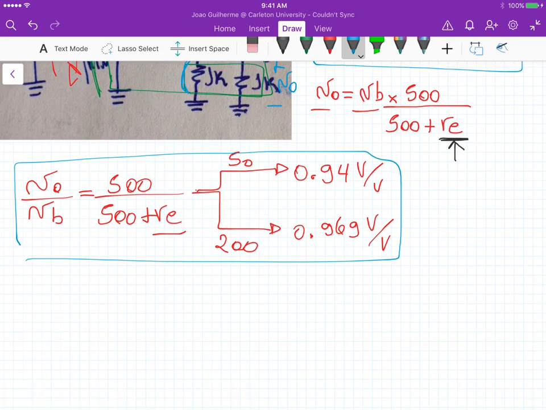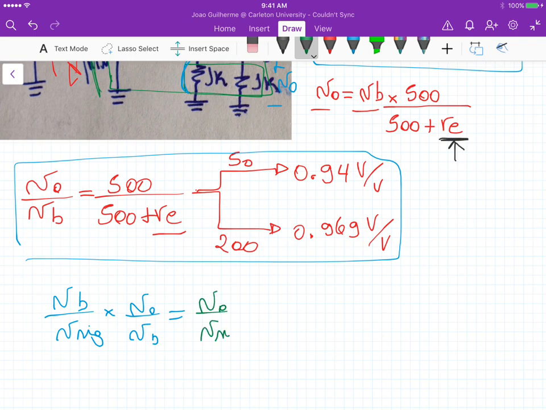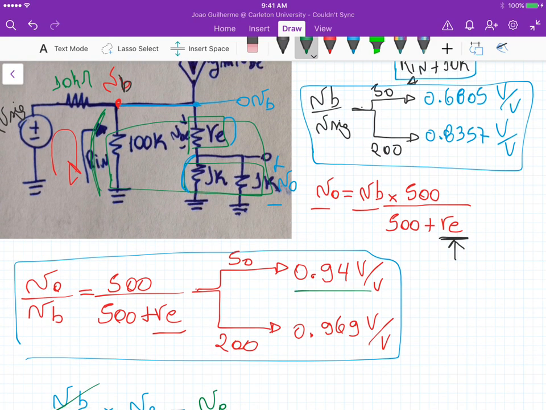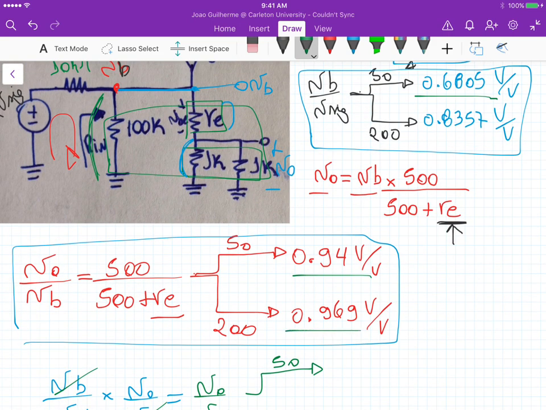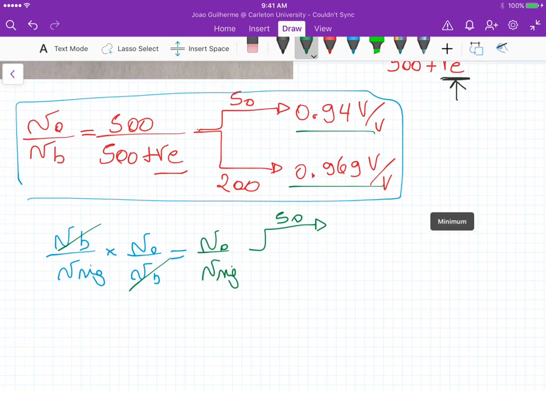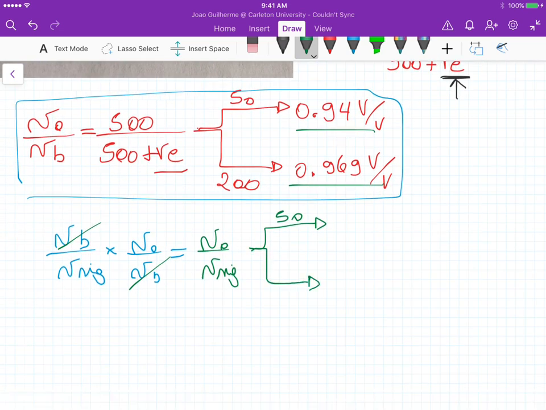Now if we take VB over V signal times V out over VB, that actually is V out over V signal, right, because VB cancels. So if we take this one here, multiply by that one there, we get the overall voltage gain for beta equals 50. And if we take this one here and multiply by that one there, we get the overall voltage gain for beta equals 200.